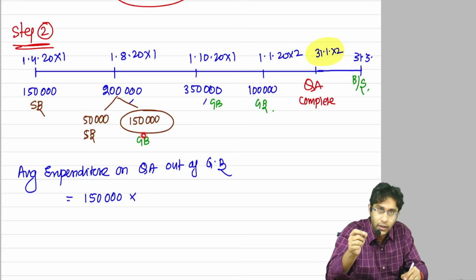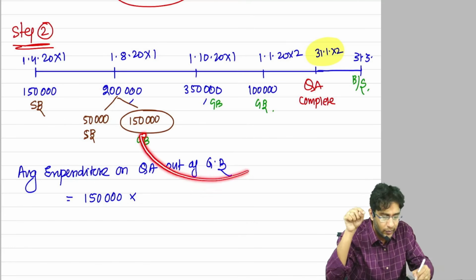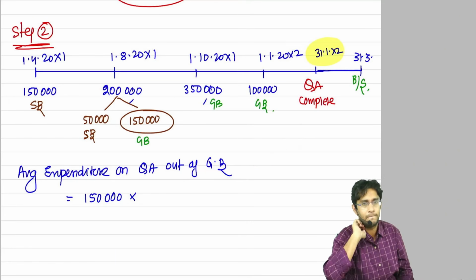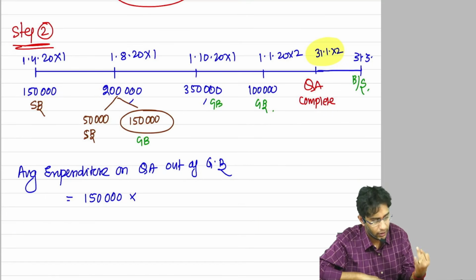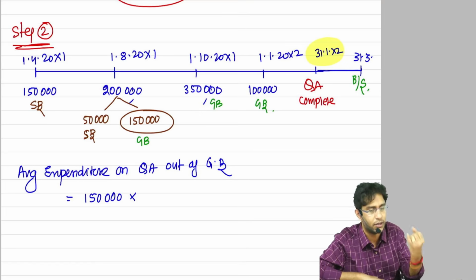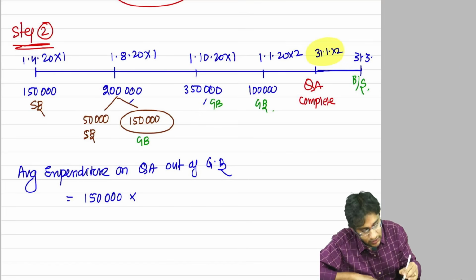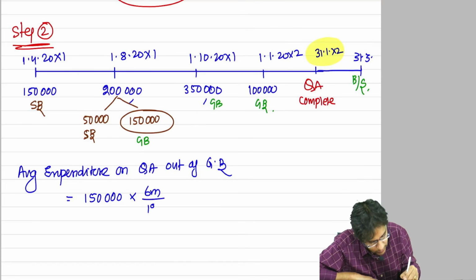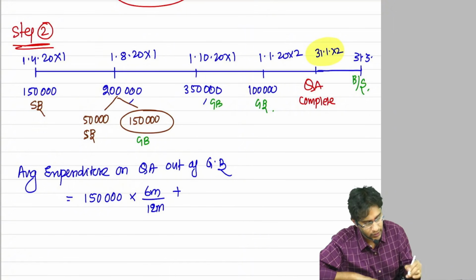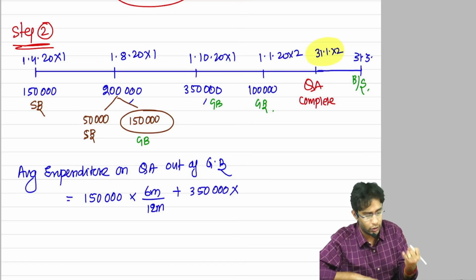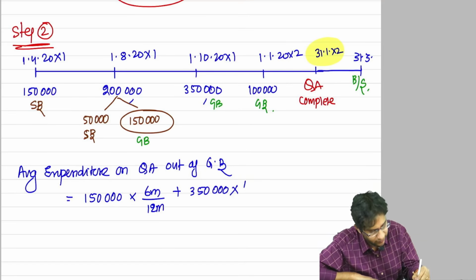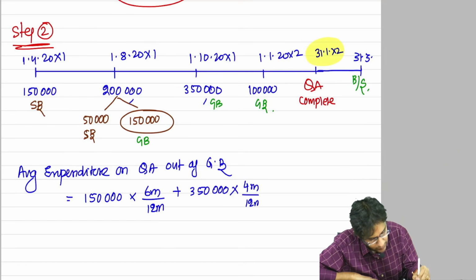1,50,000 of borrowing was used in your project from here to here. So, August, September, October, November, December, January. How many months? 6 months, so 6/12, plus 3,50,000 into October, November, December, January, 4/12, plus 1 lakh into 1/12.